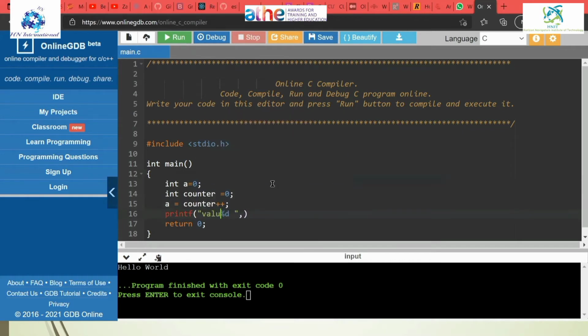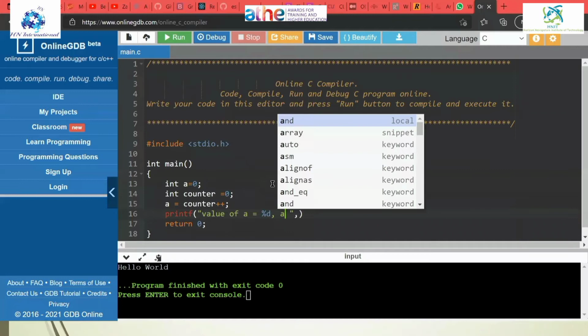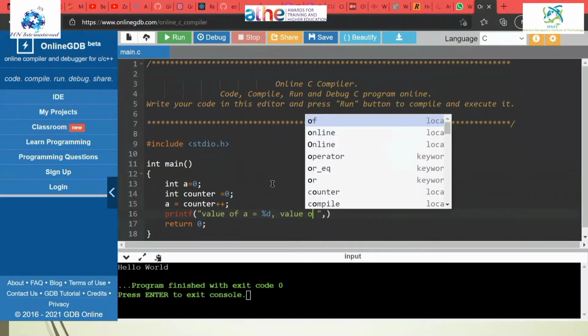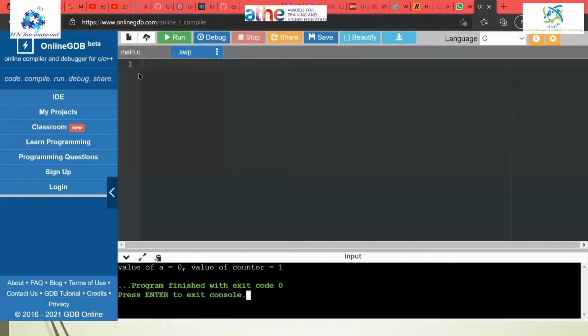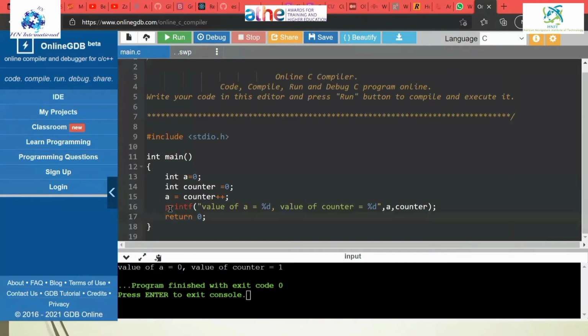Here we have the value of a and the value of counter. See here, we store the value in a, but still the value of a is 0.